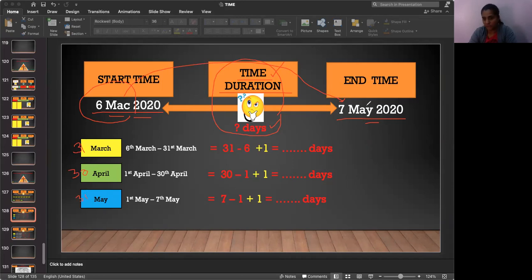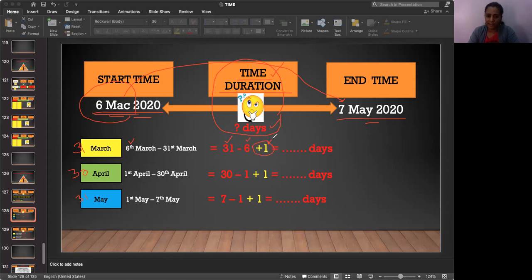However, we don't reach the end of May. We start on the 6th of March. So how do you calculate this? If you say it's the 6th, you have to include the 6th as well. So 6th, 7th, 8th, 9th, you could keep count using your fingers, or you could just use the last date of the month minus when you started, the 6th, and add 1.